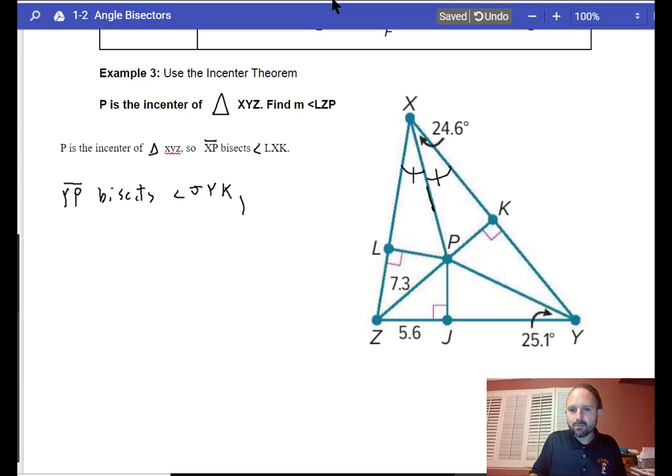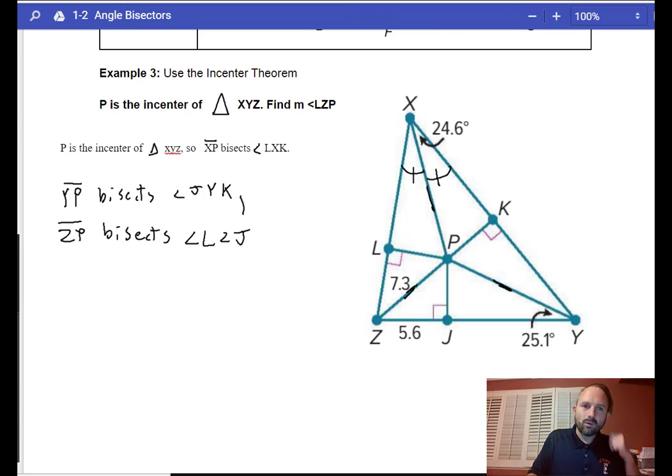And furthermore, we know that's this one right here. Furthermore, we know ZP bisects angle LZJ. All right, cool. So we want to find LZP.